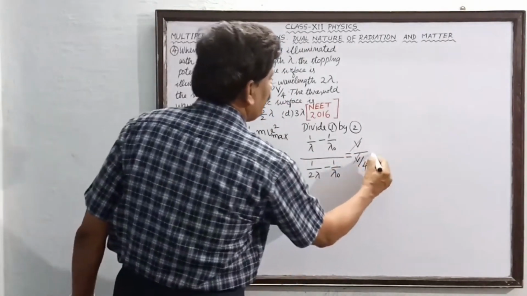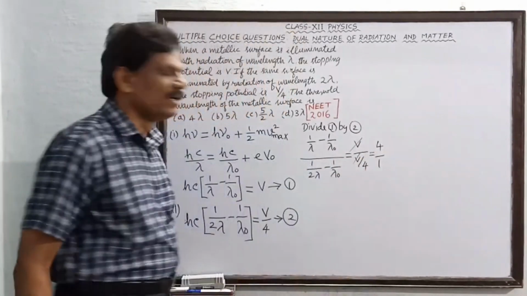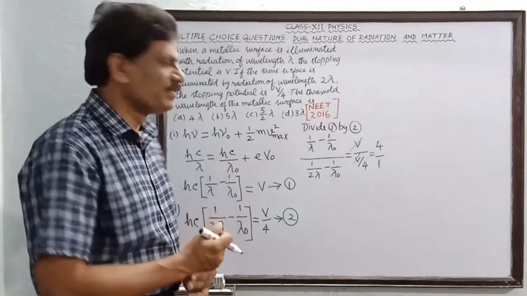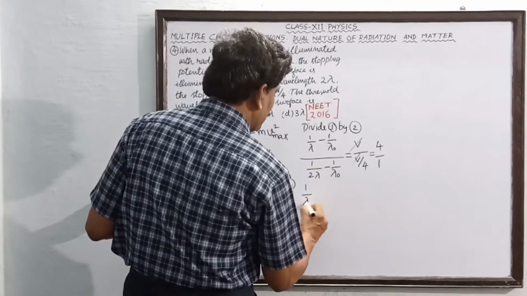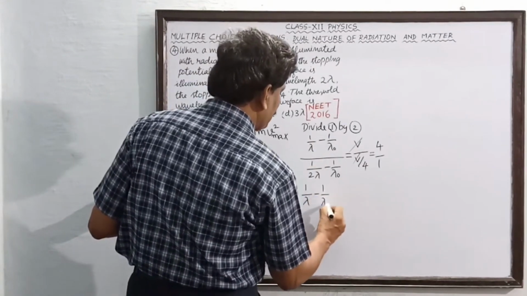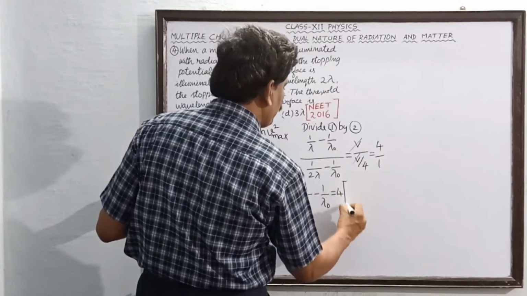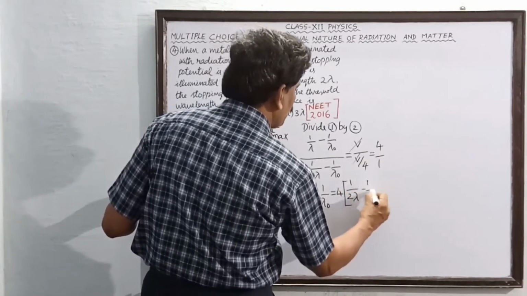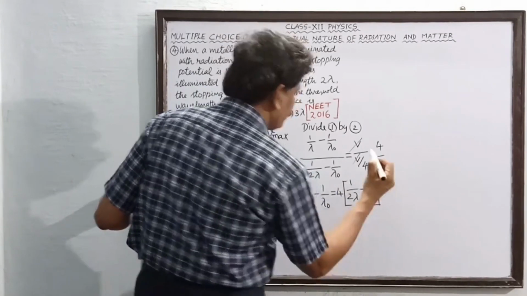So this will be equal to 4 divided by 1. Now you cross multiply. So 1 by lambda minus 1 by lambda naught is equal to 4 multiplied by 1 by 2 lambda minus 1 by lambda naught.